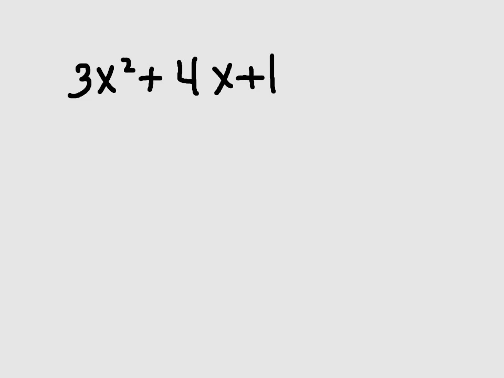So our 3 is our A term, our 4 is our B term, and our 1 is our C term. So what we're going to do is find the factors of 3 and 1 that add to equal 4. So we're going to draw our handy-dandy little X marks the spot, or X marks the answer, or whatever you want to call it.